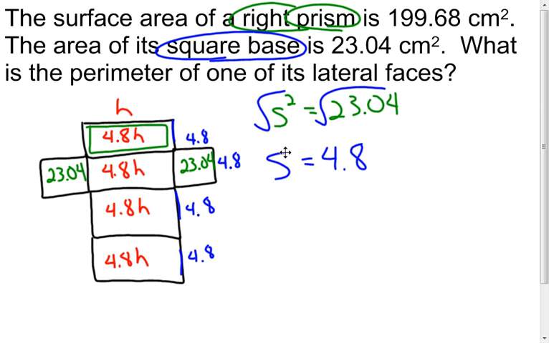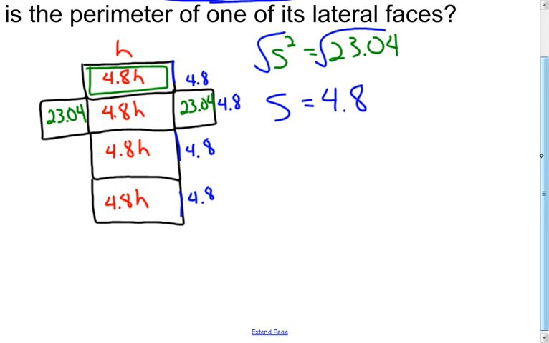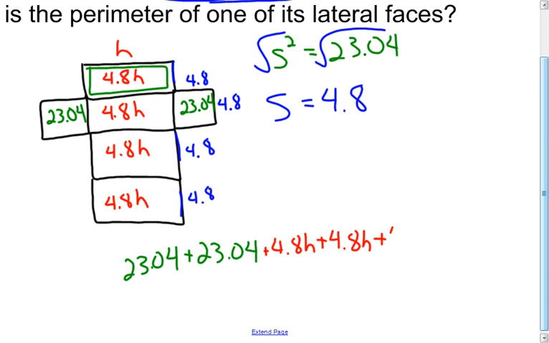Now I need to add all those together. So if I add them all up, I have 23.04, I have 2 of those. And then I have 4 of the 4.8h's. If I don't run out of room, there's 3 of them, and there's the 4th.